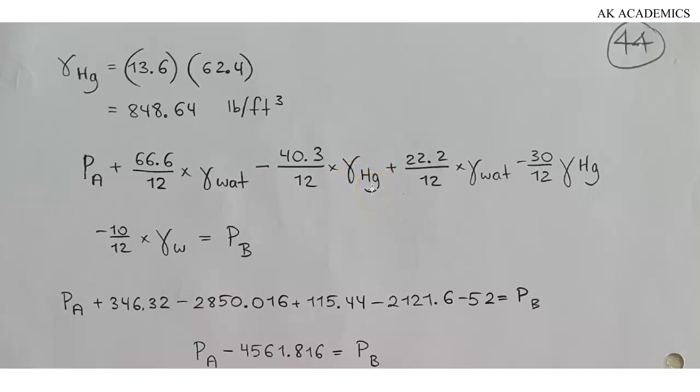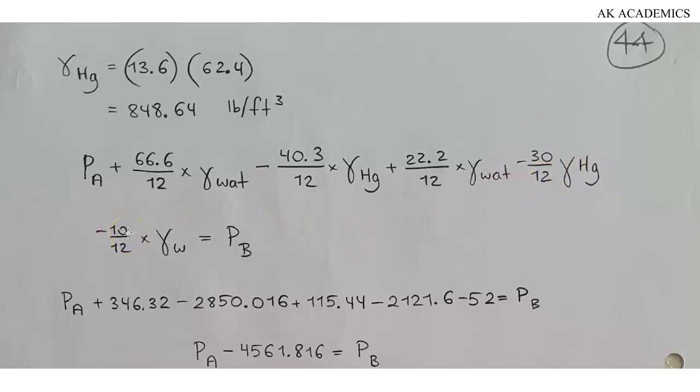Also, plus water. Water is flowing down, so you're going to have plus 22.2 divided by 12 multiplied by specific weight of water. This particular mercury is flowing upward, as you will find if you look at the diagram again. So you have minus 30 over 12 multiplied by specific weight of mercury.